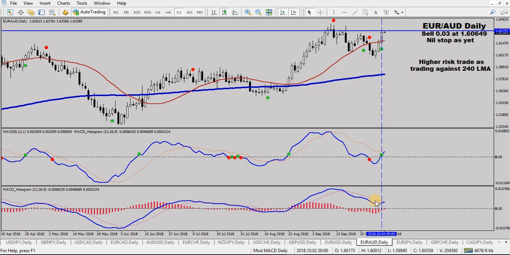Standard MACD is not quite there yet, but enough criteria to take the buy trade. I was a little bit hesitant. I'm at a previous high here, but it's a valid signal, and I'm going to take them all. So I've taken the buy trade. So we've closed out the sell for a loss, taken a new buy trade this morning. That's Euro Aussie.